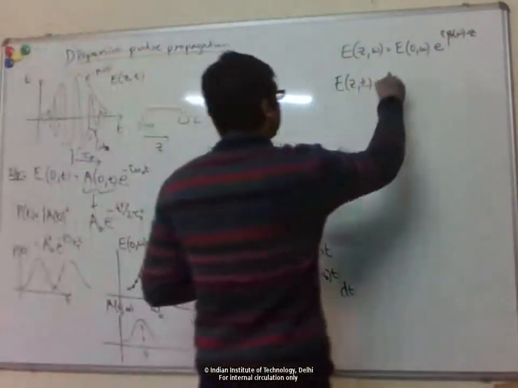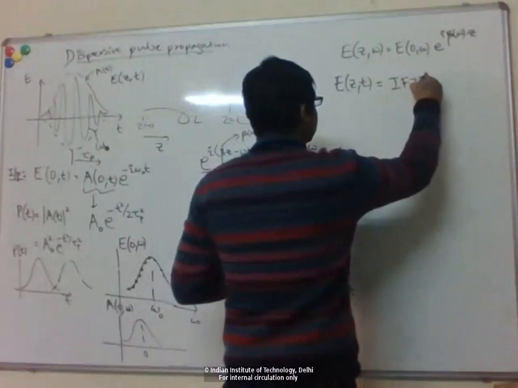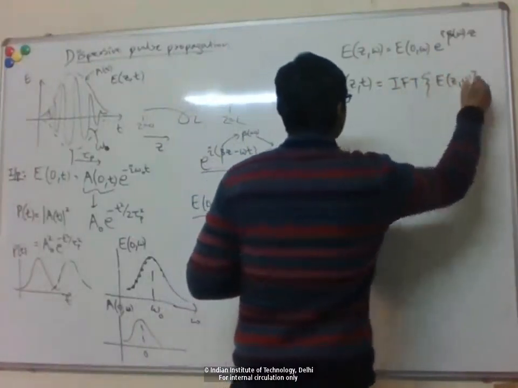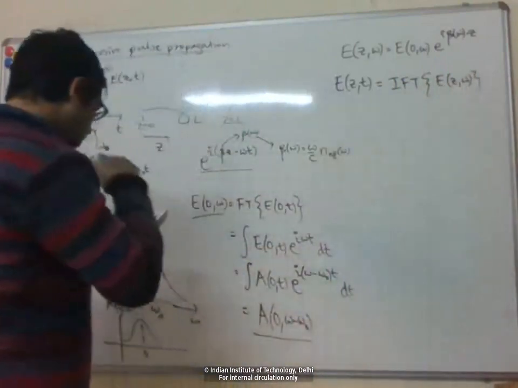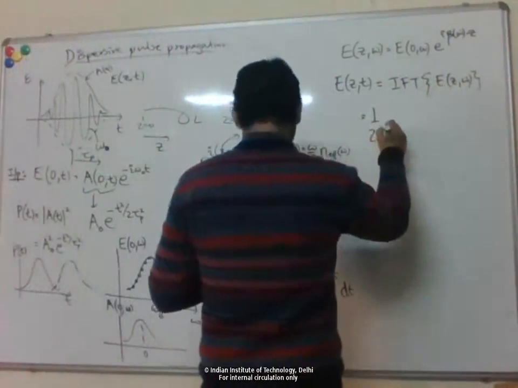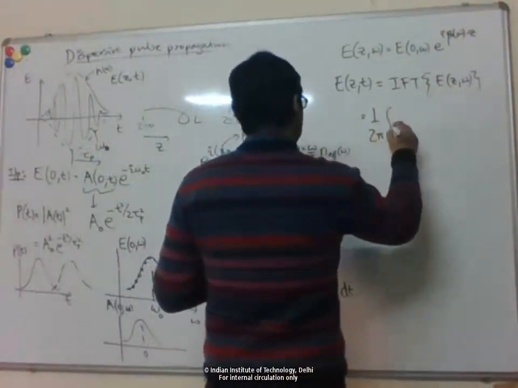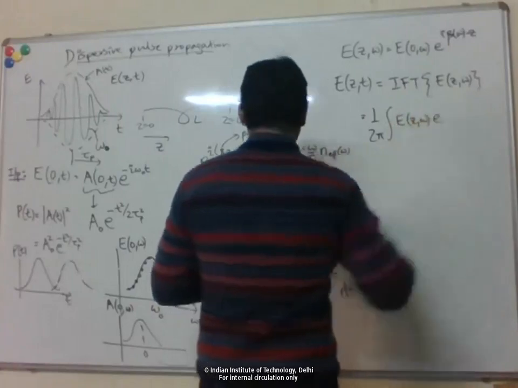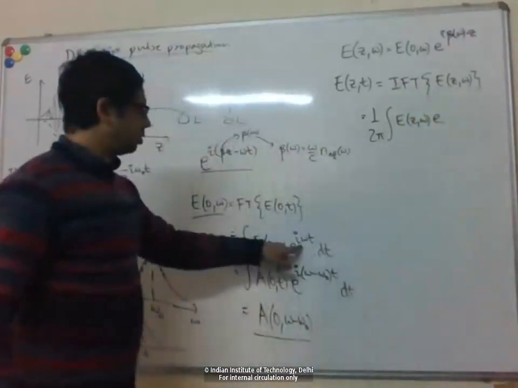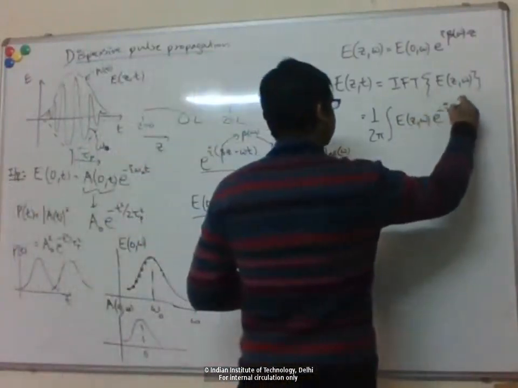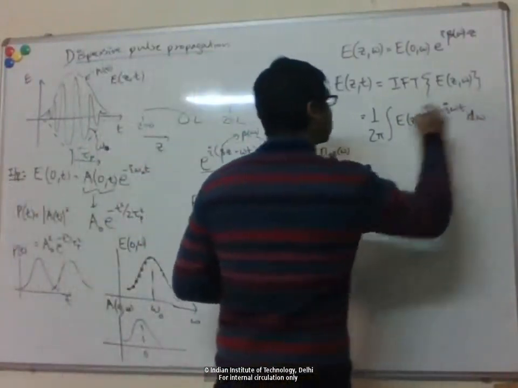Okay, so now to go back to the time domain, I take an inverse Fourier transform. So this is E of z, omega. Since I took a positive sign here, I'll take a negative sign in the inverse.